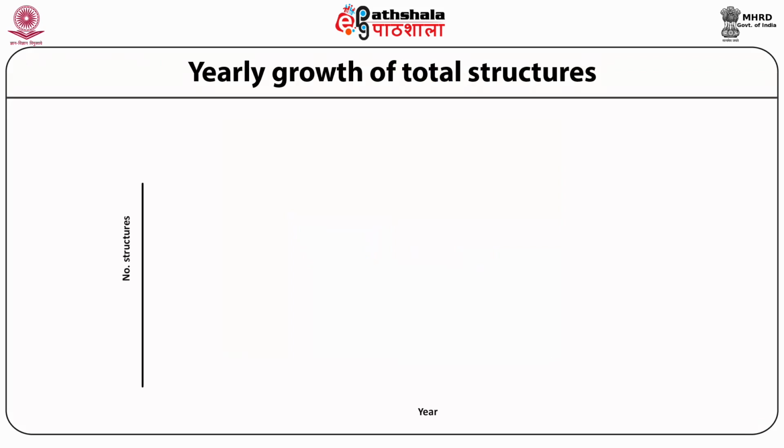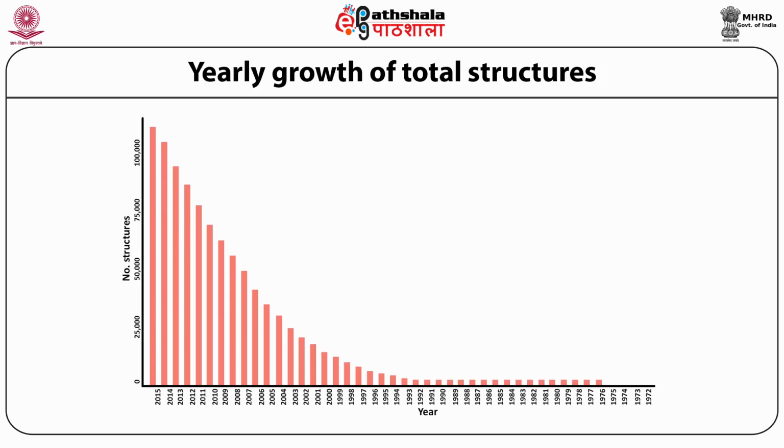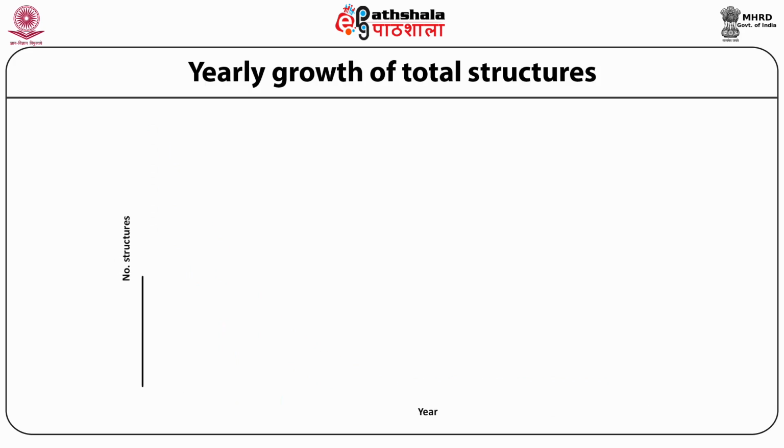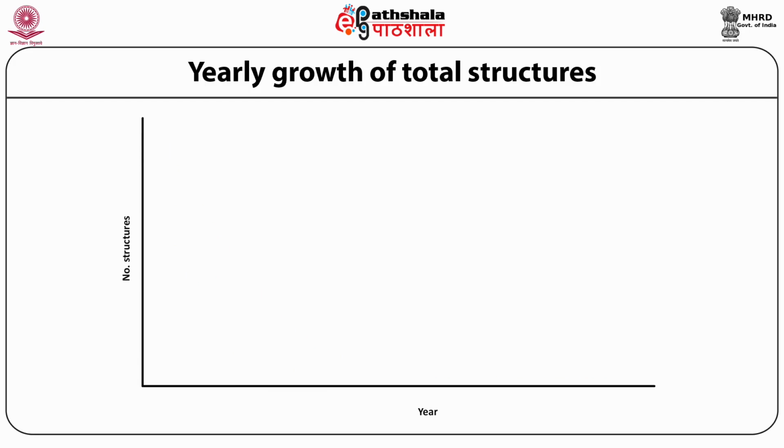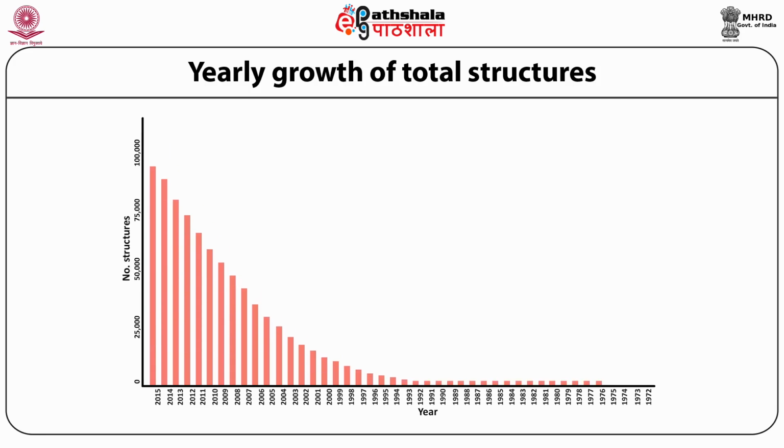If you look at the structures in the PDB, there is a robust growth of structures determined in the last several years. The growth is almost logarithmic. Today, we have about 120,000 structures in the PDB.